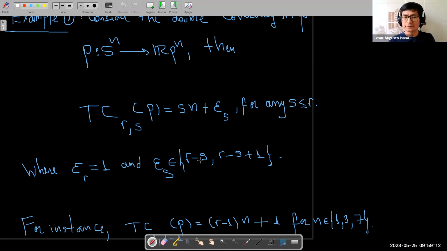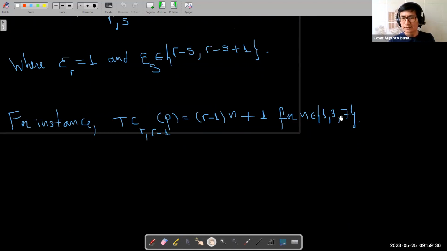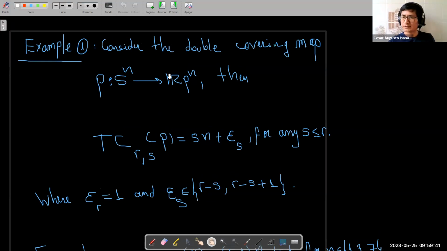In contrast, when s equals r, it's easy to show that this epsilon r coincides with r. But for s less than r, two possibilities happen in general. For instance, when n is 1, 3, and 7, that means that this projective space is parallelizable.